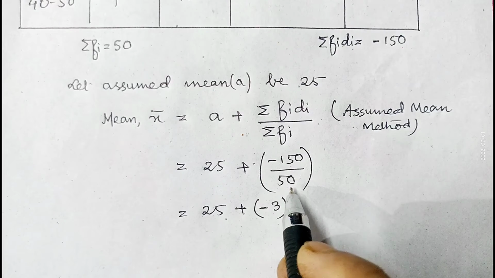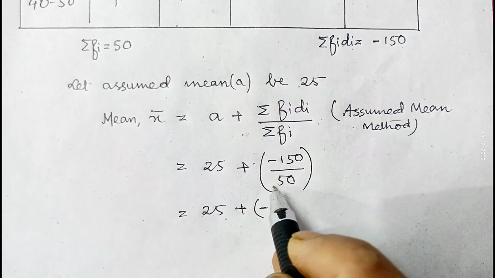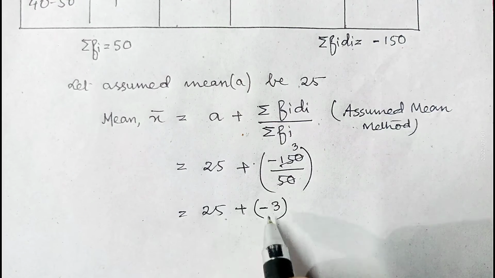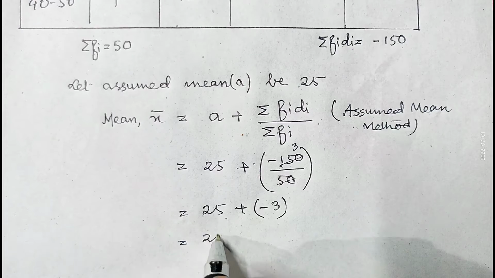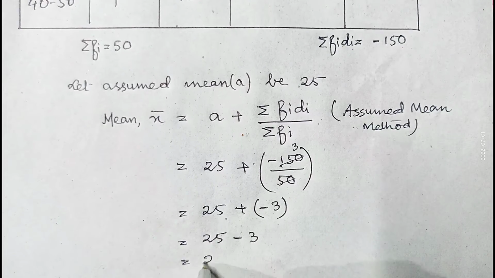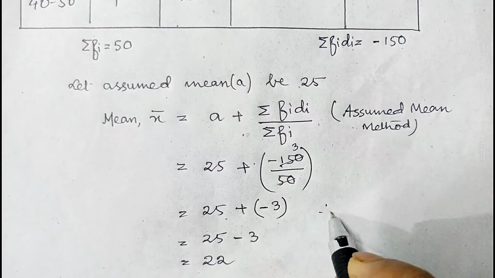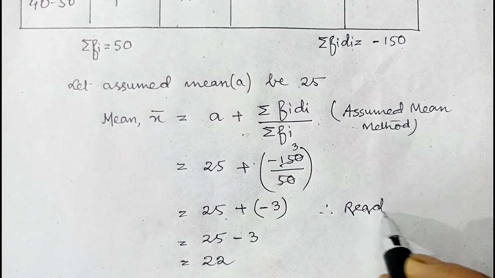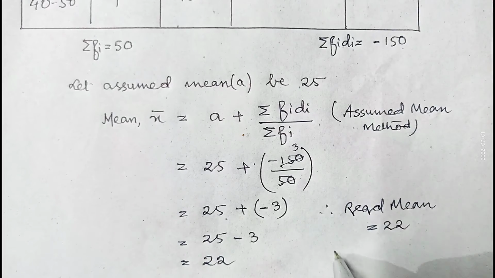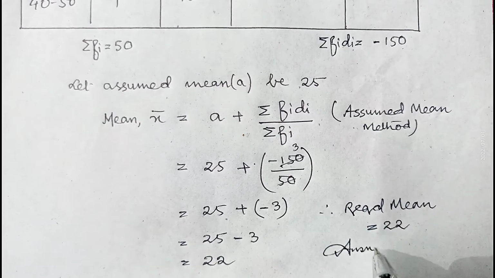Now 150 divided by 50 is 3. So it will be 25 plus minus 3. So we can write here 25 plus minus minus 3, which will give 22. Therefore, required mean equals 22, which is the required answer.